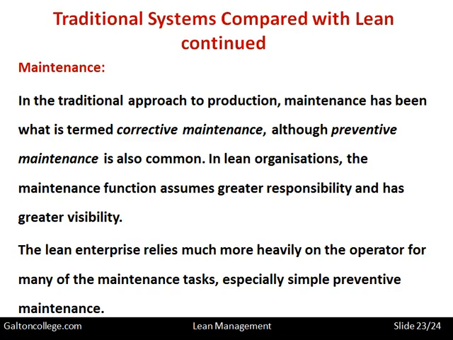It gives them more pride in their work as well. They are maintaining their machine and producing quality output exactly that is required. The output is perfect. So with the lean enterprise, the operator is maintaining the machine, preventative maintenance, maintaining the machine and producing the quality output that's required.